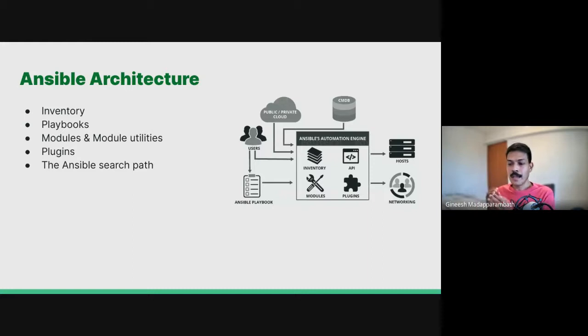Plugins augment Ansible's core functionality and execute on the control node within the Ansible execution. The search path is the path Ansible searches to find resources on your control node, including configuration, modules, roles, SSH keys, and more. So this is the basic architecture.